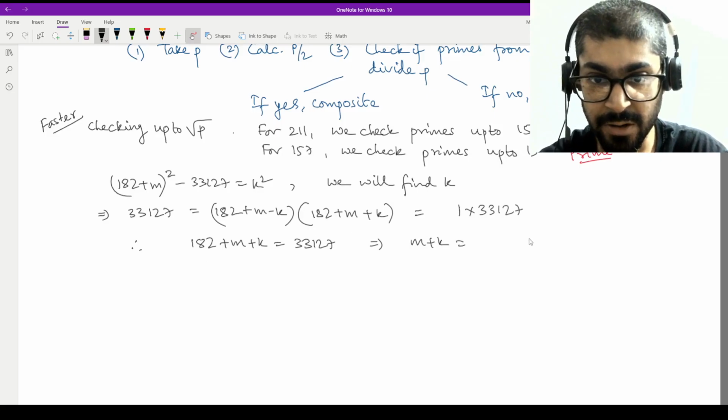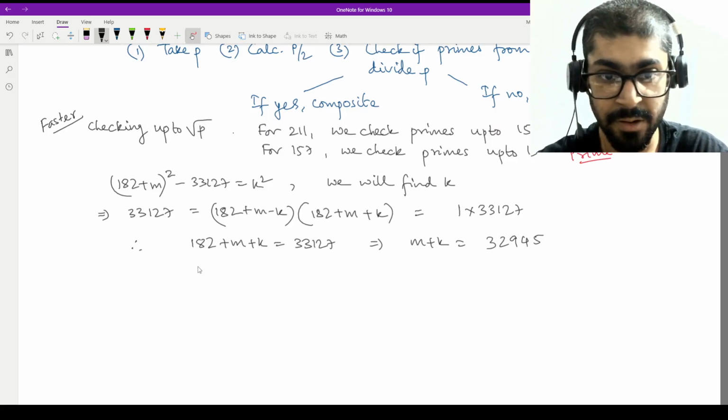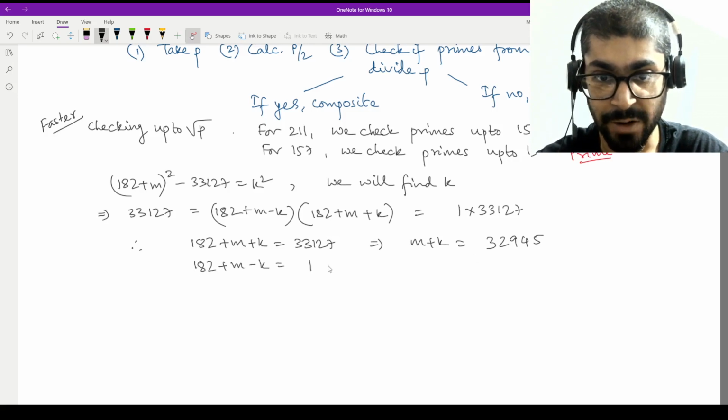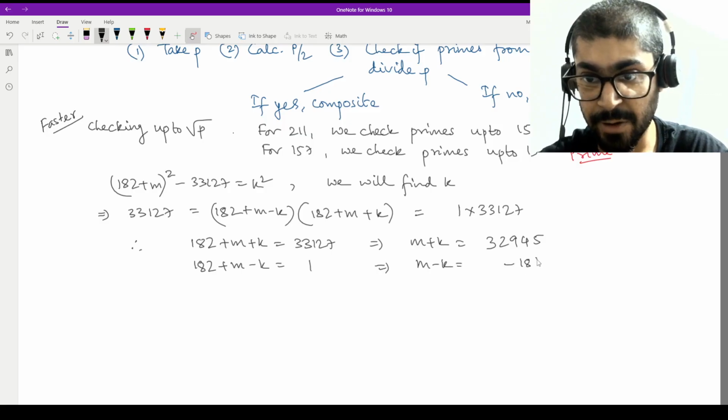32945. Alright, and then you have 182 + m - k is equal to 1, which will give you m - k equal to -181.